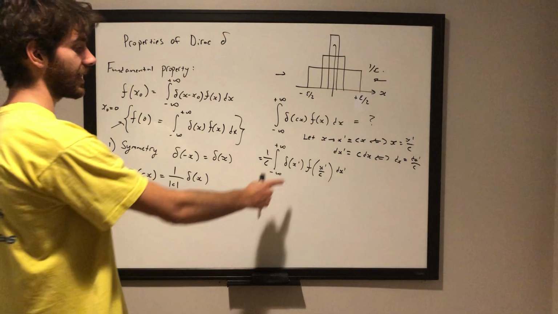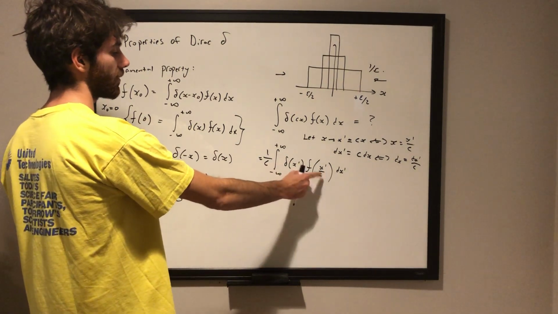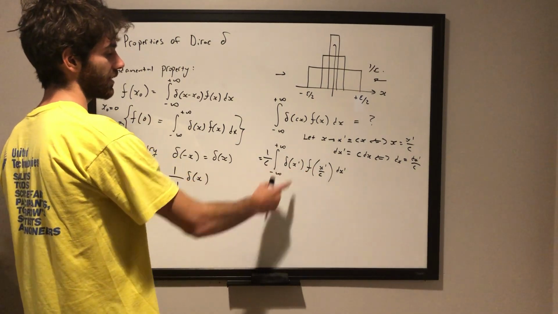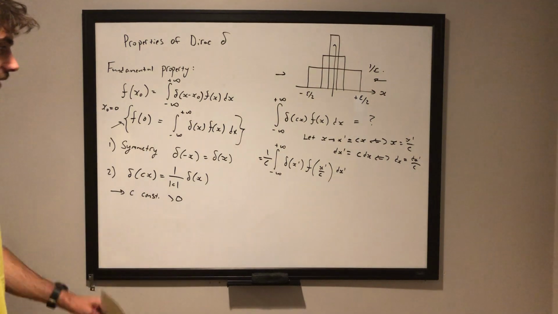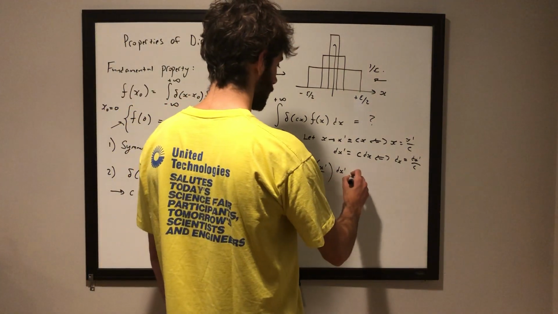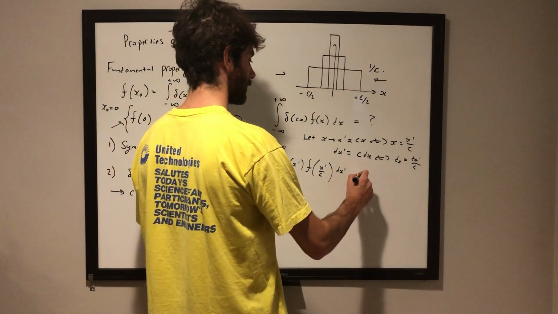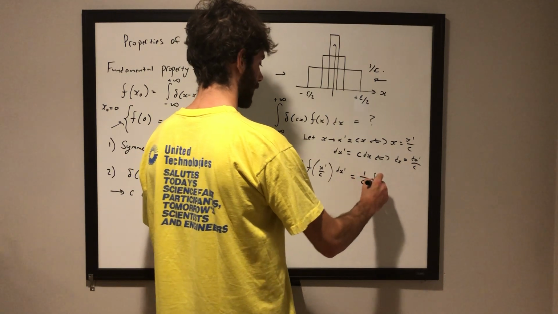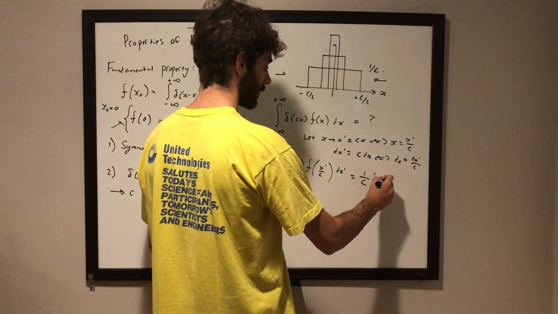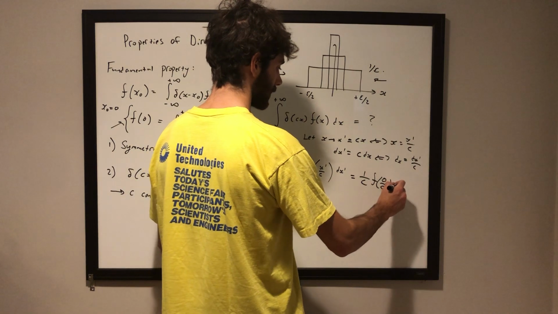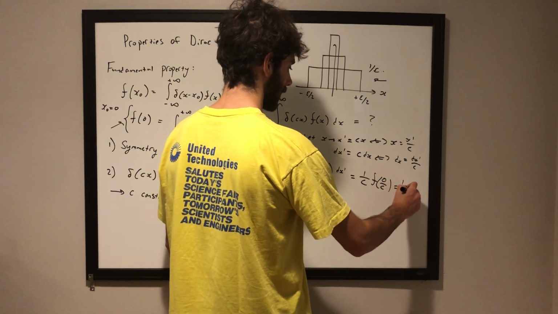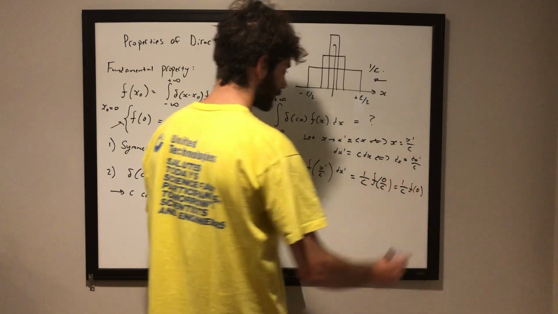But it's still true that this delta function will pluck out the value of f evaluated at x prime equals 0. Okay, so this thing just gives us 1 over c times f of 0 over c, which is 1 over c f of 0.